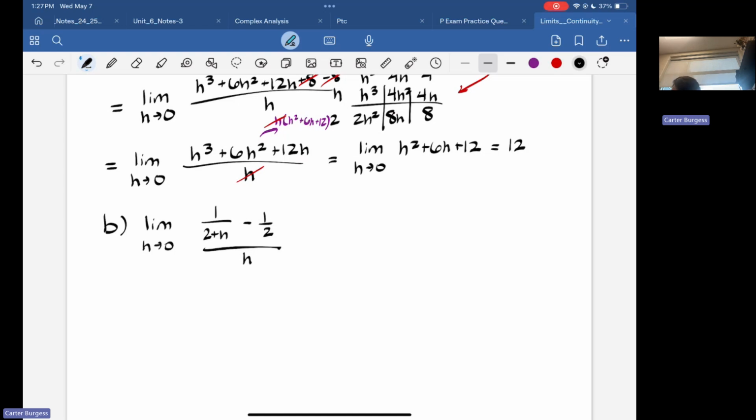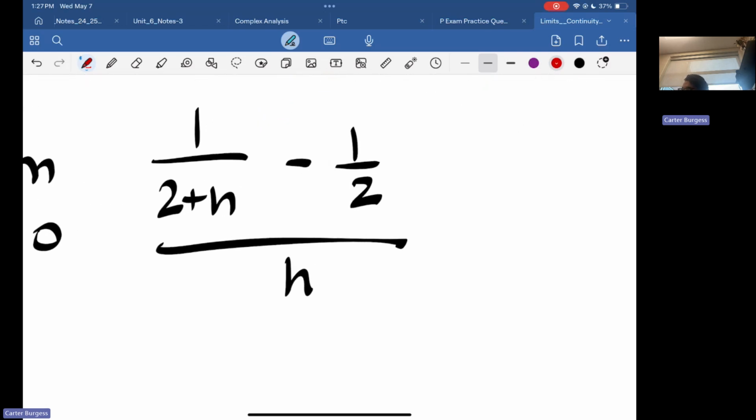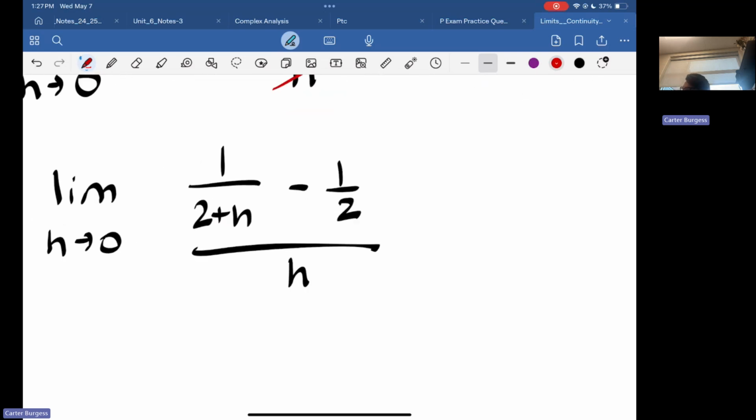So let's try that here. What do I need to do in order to subtract my fractions? I need to make sure that the denominators match. Is there a good, easy way to, through multiplication, make 2 match with 2 plus h? Not really. And so probably the easiest way to make this happen is let's just multiply both of the denominators together.